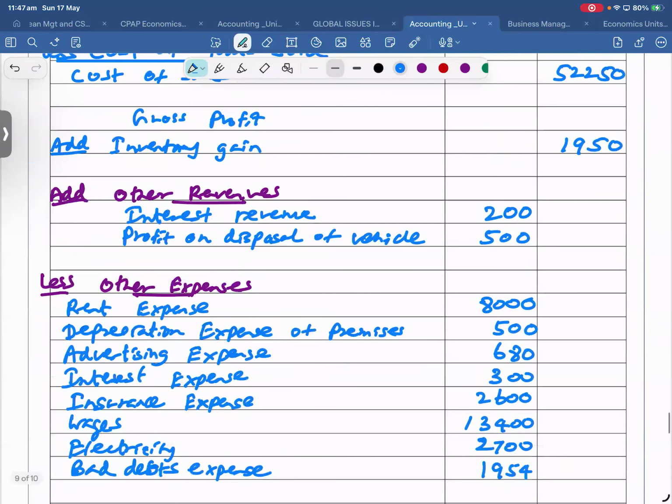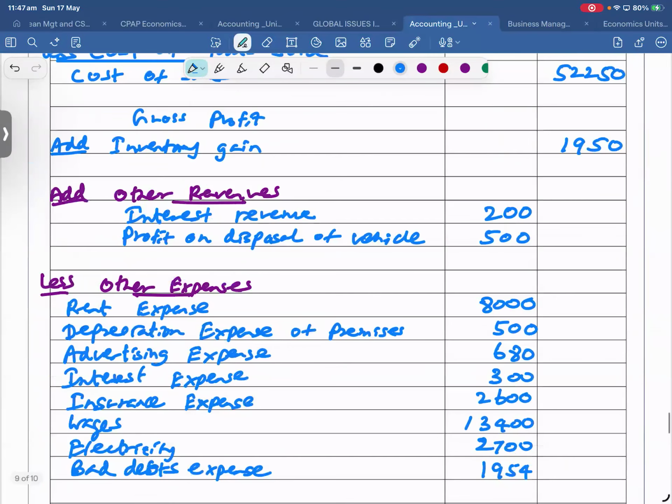Then other revenues 700, which is 54,900. In the new study design there is no term for 54,900, but in uni you have. We call this one operating profit, but don't write it now.